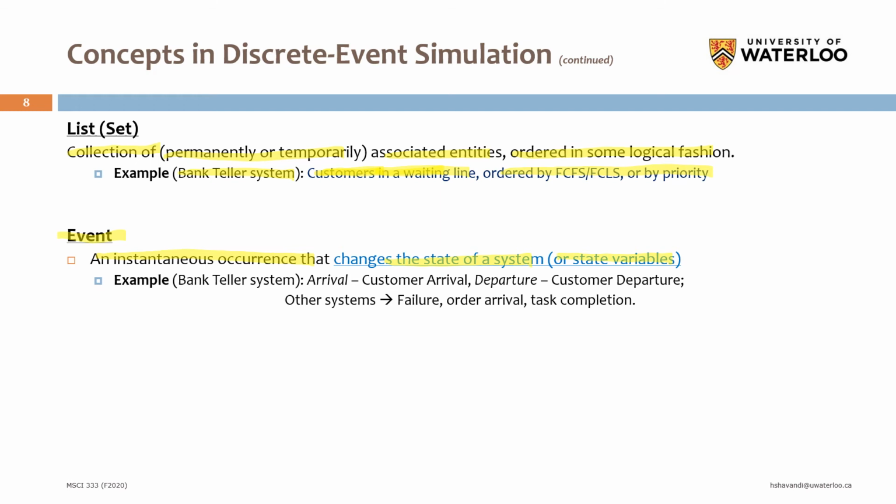I mean, an event is an occurrence that, when it occurs, changes the system's state. For example, in the bank teller system, arrival is an event, and when an arrival happens, the system's state changes. Or departure: customer departure, customer arrival, or in other systems, for example, failure, order arrival, task completion.